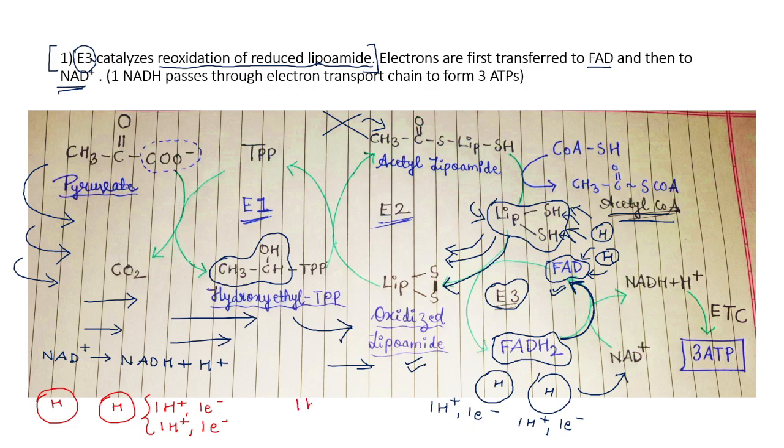Hydride ion is 1 H+ and 2 electrons. This is hydride ion. This we have discussed in previous lecture. So this NAD+ will accept 1 hydride ion.